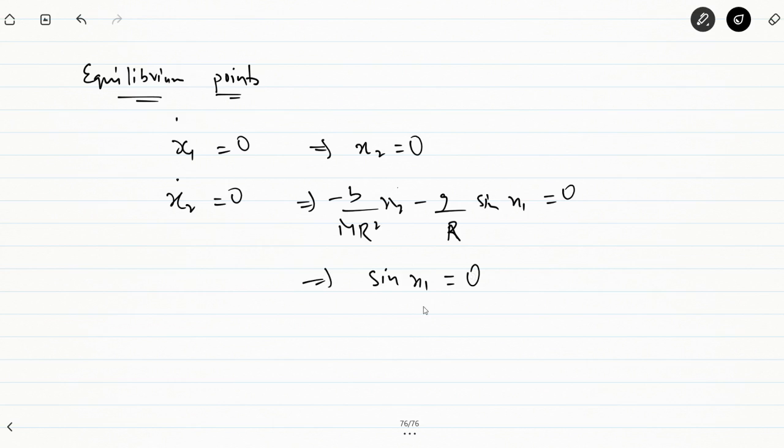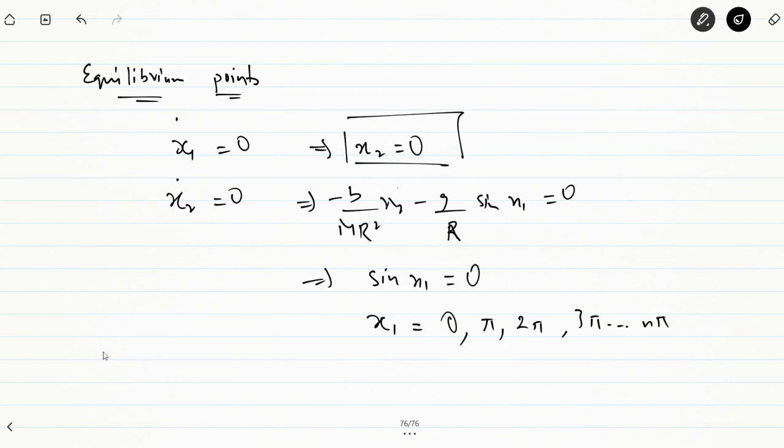So that means x1 can be 0, pi, 2 pi, 3 pi, in short, plus minus n pi. Fine. So therefore you will be having different values of x1, and for x2 you have a single point, that's x2 equal to 0.